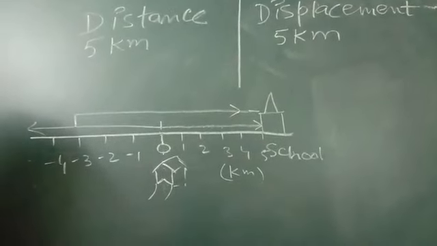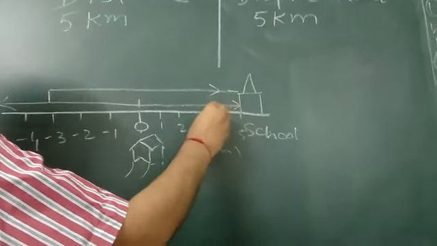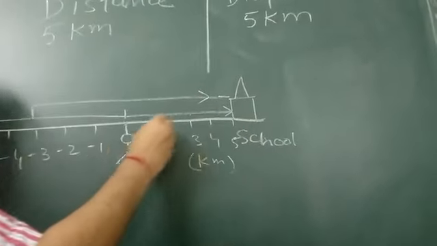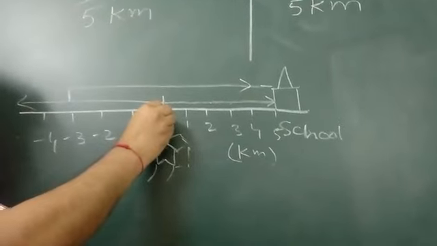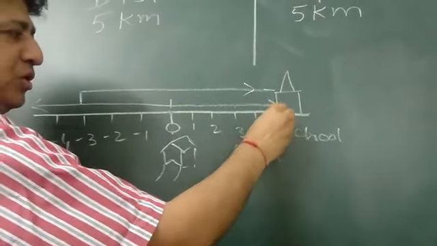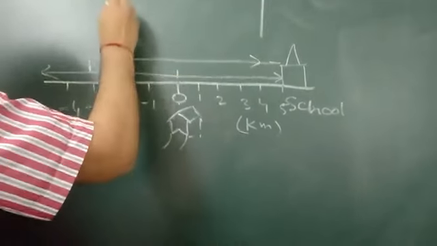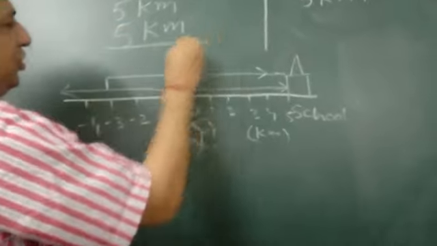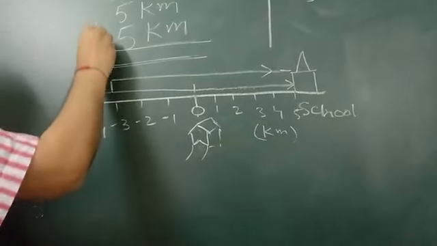Okay. So when the school ends and you start your journey back. Now let's assume and you get back home. Now, how much has been the path covered? That is again 5 kilometers. So, how much distance have you covered in total?